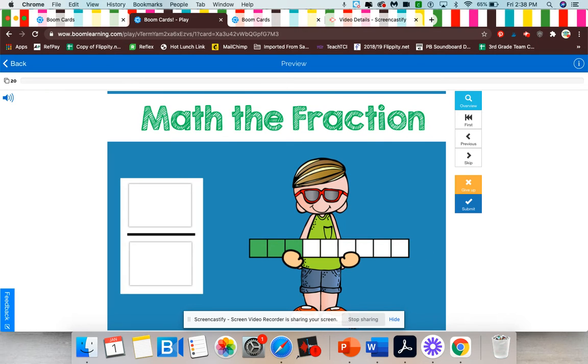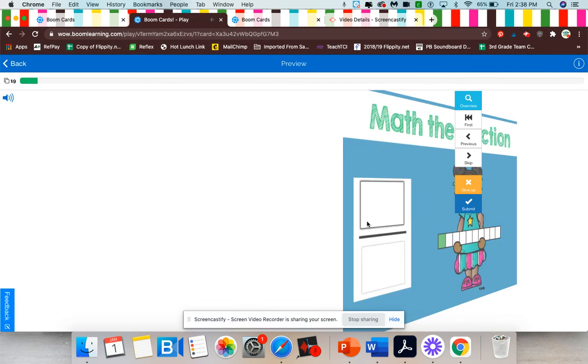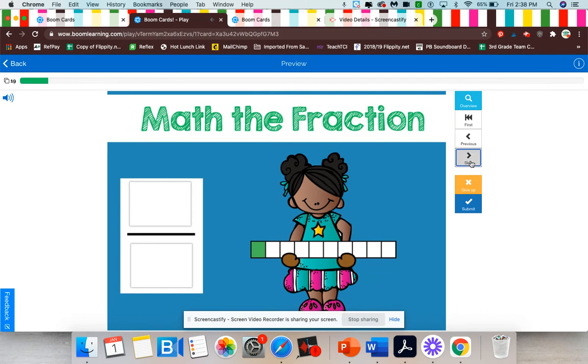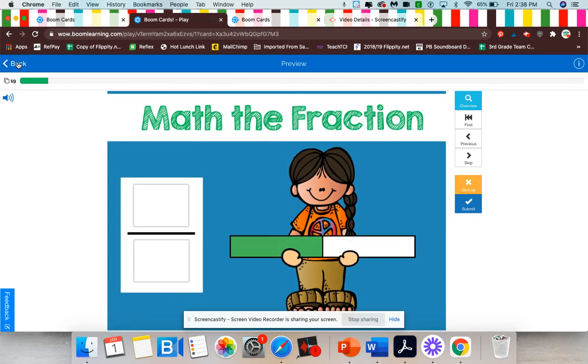Because in third grade, one of the big concepts we have to teach is fractions on a number line. So they'll learn that the part shaded is the numerator and all the other pieces are the denominator. Count those up, plug it in, and submit. And they keep going and keep going and keep going with lots of practice with that.